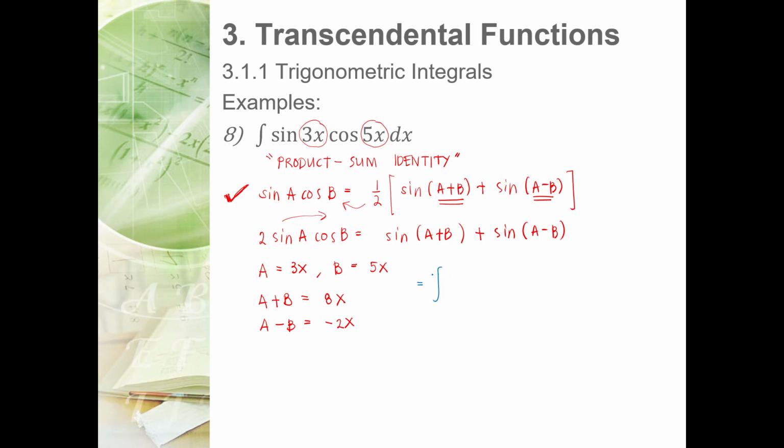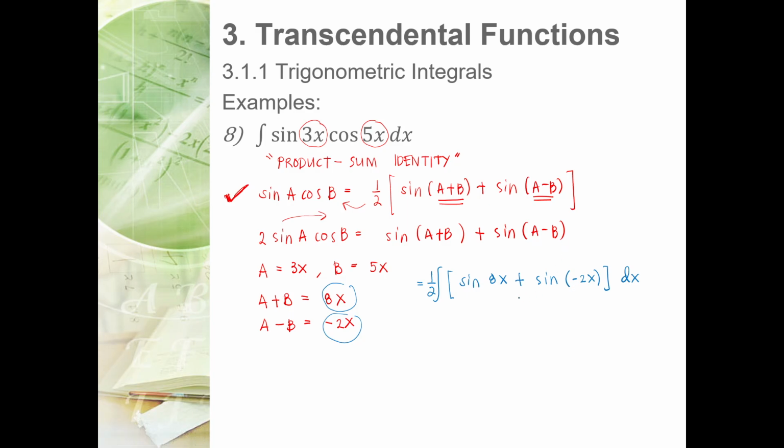So our new expression is now 1/2. You may take 1/2 outside the integral directly so it won't be in the way. So this gives us sine of A plus B, which is 8x, then plus sine of A minus B, that's sine of negative 2x, dx.